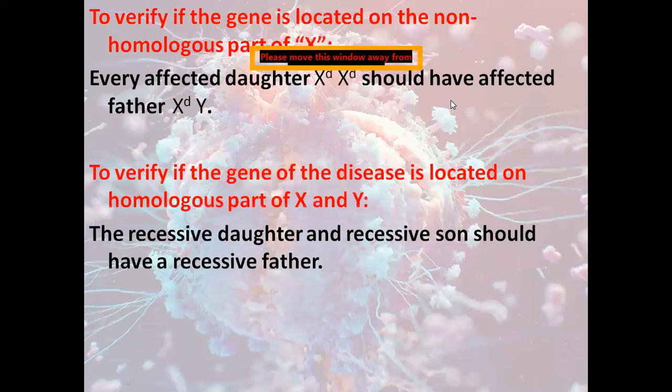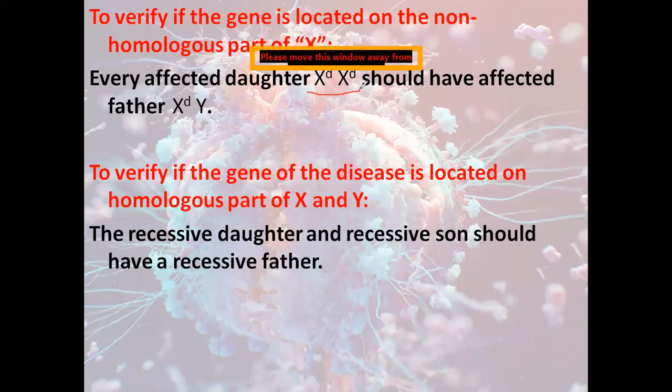Also, to verify if the gene is located on the non-homologous part of X, every affected daughter should have an affected father. Why? Because the daughter has two X's. And pay attention here, I'm talking about the allele of the disease being recessive. Whenever we move to the dominant, it will differ a little bit, and you have to pay attention there.